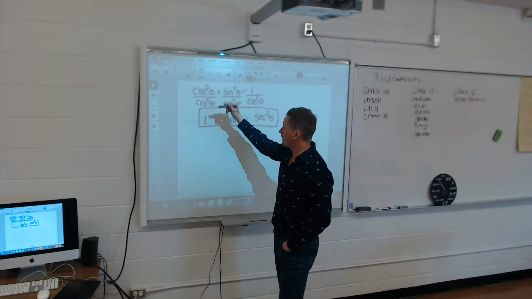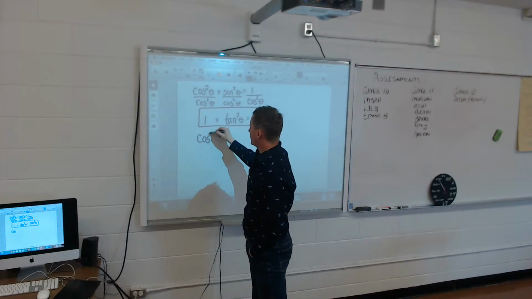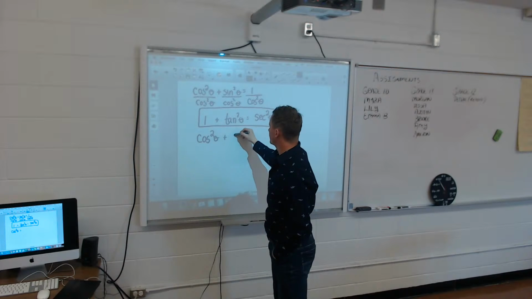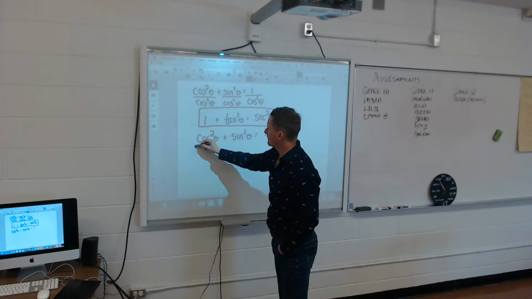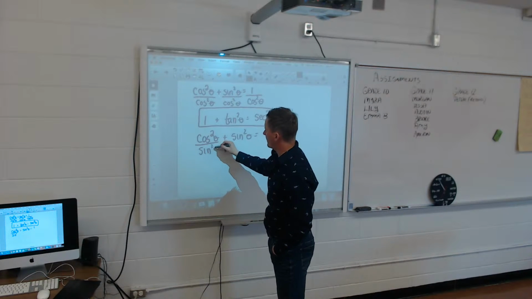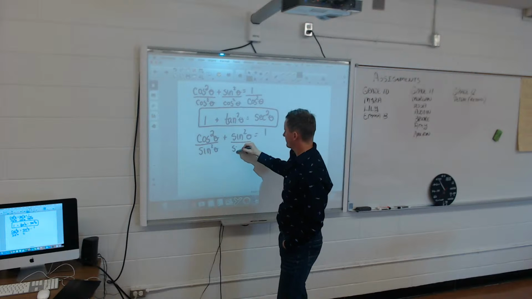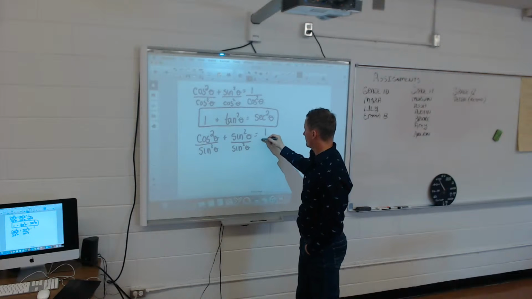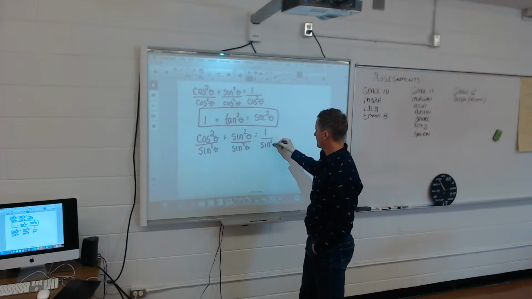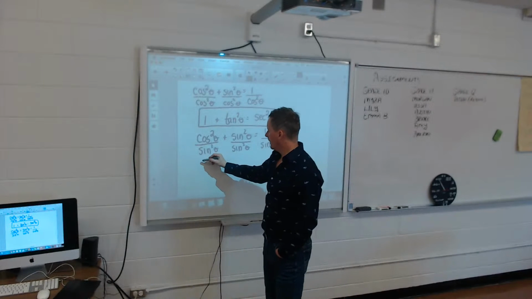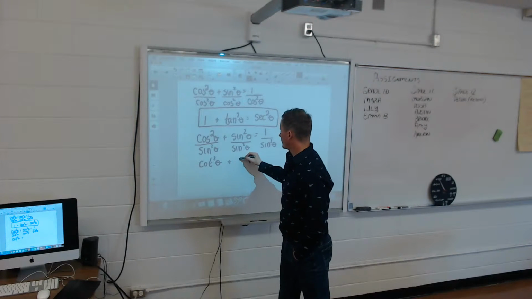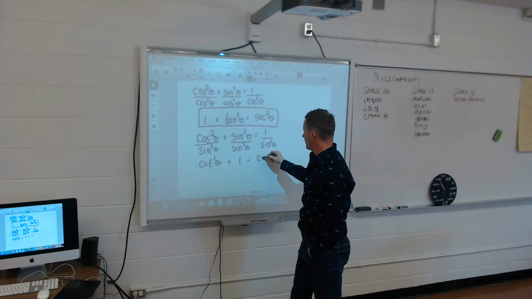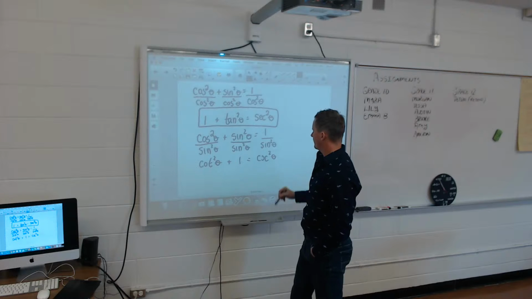And then the next one, I do this again, except this time I'm going to divide everything by sine squared theta, and I end up with cotan squared theta plus 1 is equal to cosecant squared theta.